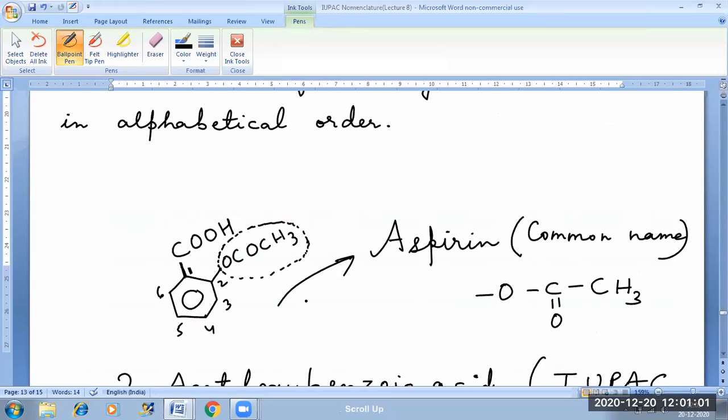Now see, one thing I'll have to show. If I write this compound, is there any difference between this and aspirin?